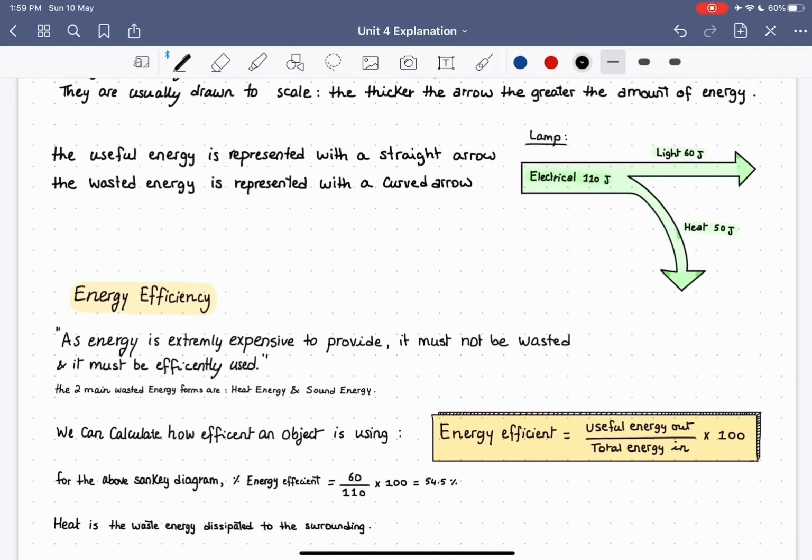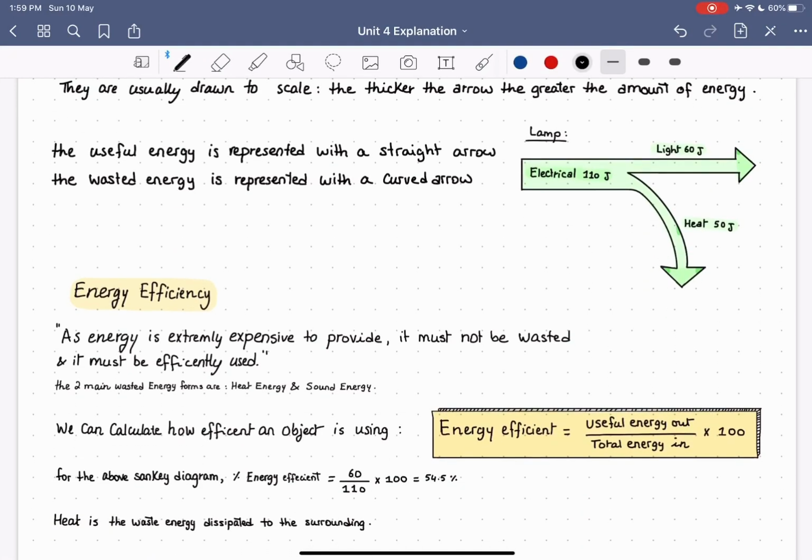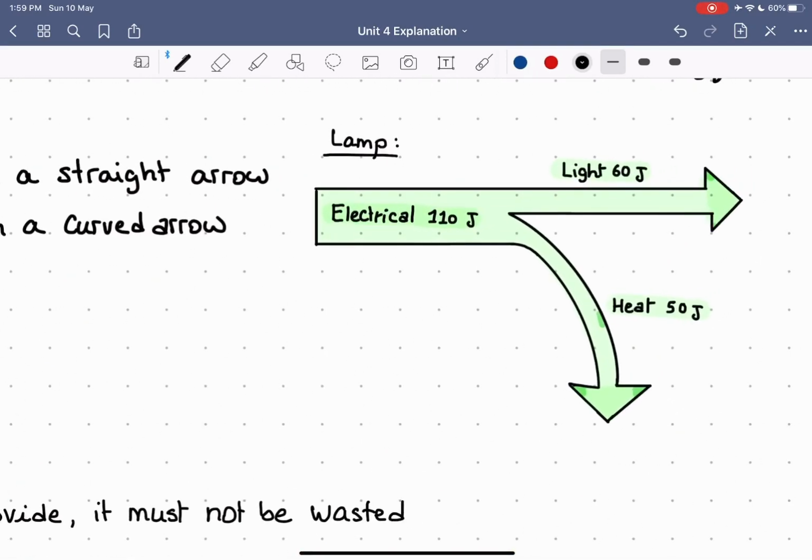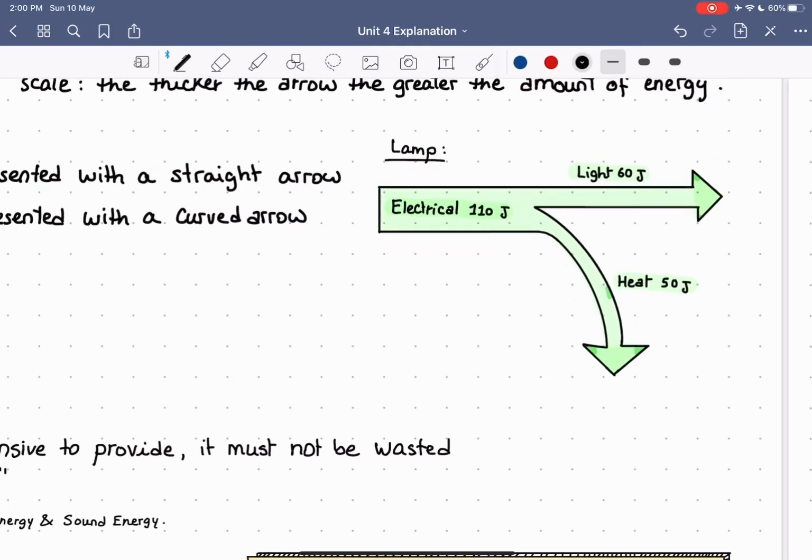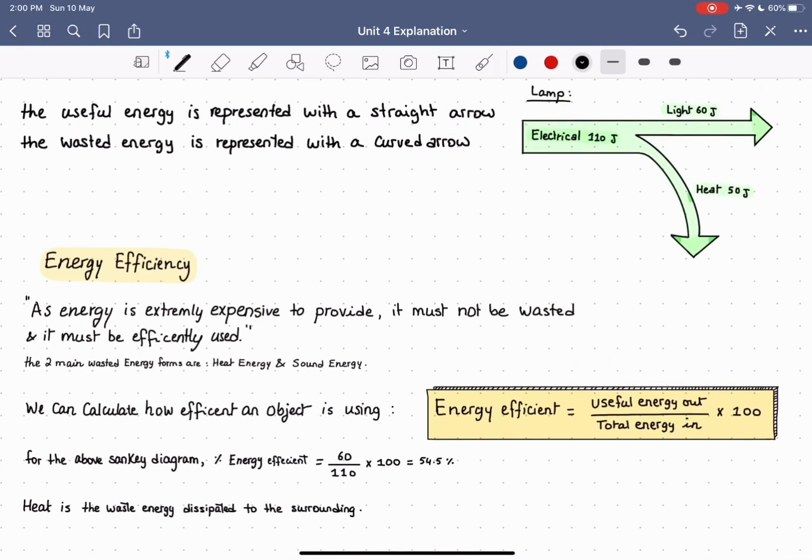Okay, so in order to calculate the energy efficiency, we can use the formula: useful energy out over total energy in, multiplied by 100. In this case, if we want to calculate the energy efficiency of this lamp, which was provided with 110 joules of electrical energy, and it gives us 60 joules of light energy and 50 joules were wasted as heat energy, we will divide 60, which is the useful, by the total, which is 110, and multiply by 100.